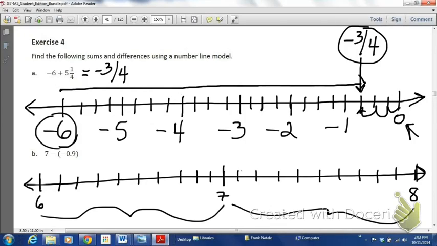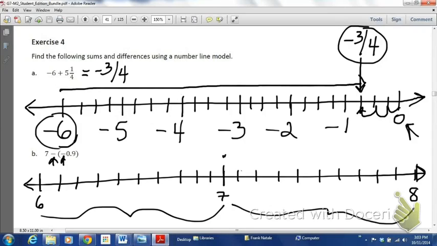And again, just start. Tail of the arrow goes where? Of course, it goes right there on 7. Now I have again this scenario where I am taking away a negative, which means I am actually adding a positive.